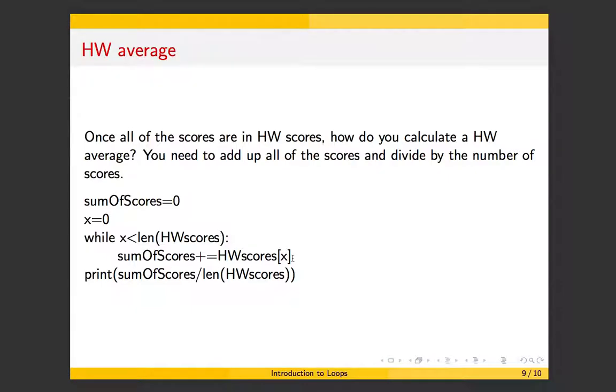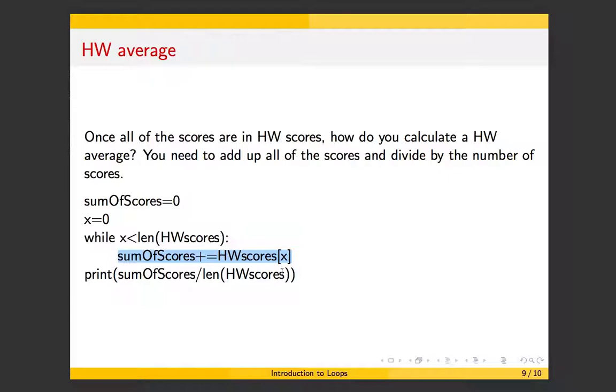What's missing here is that x needs to advance through the list of homework scores. x starts at position 0 in the list. You then need x to become 1, x to become 2, etc. You need to iterate all the way through the homework assignment scores that you have. Again, I'm not sure why this isn't showing up here, but there should be a line after this one that says x plus equal 1.